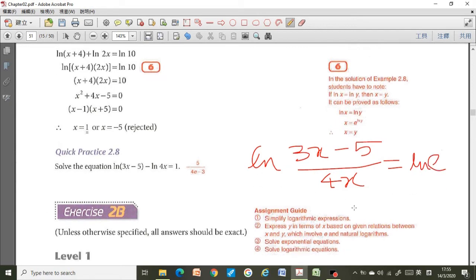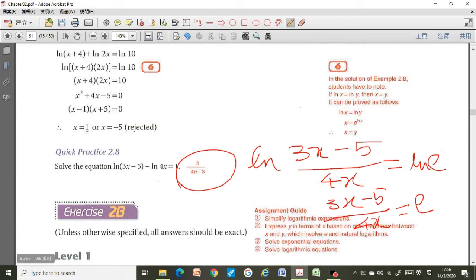That means the expression here, 3x minus 5 over 4x, is equal to e. And putting the 4e to the right and changing subject, you will get the answer x equals 5 over 4e minus 3. This is the consolidation of the logarithm by using the base e.